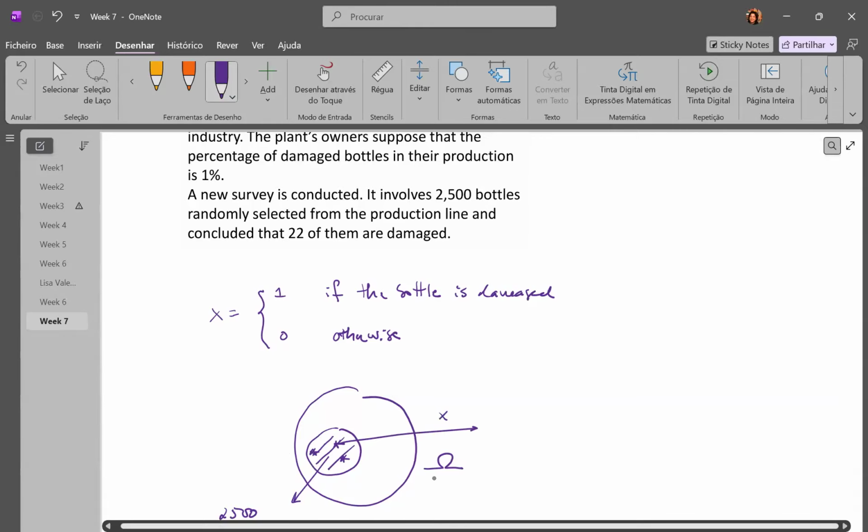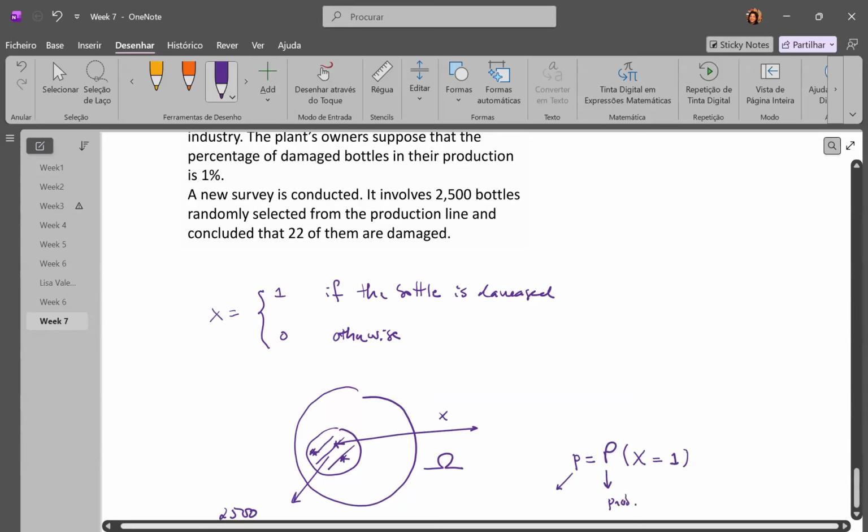Yes. Now, the point is, p is the parameter of each bottle being damaged. So this large P is for probability. This small p is a number, right? Between 0 and 1. It's a proportion.